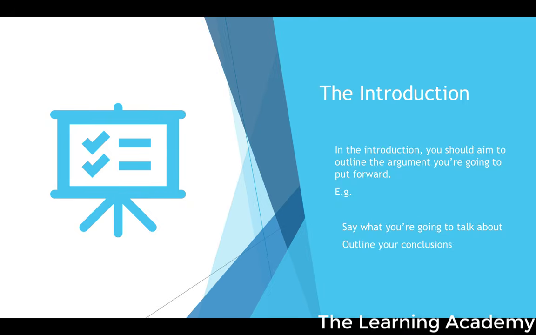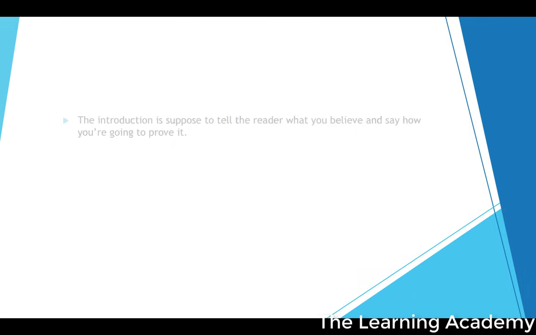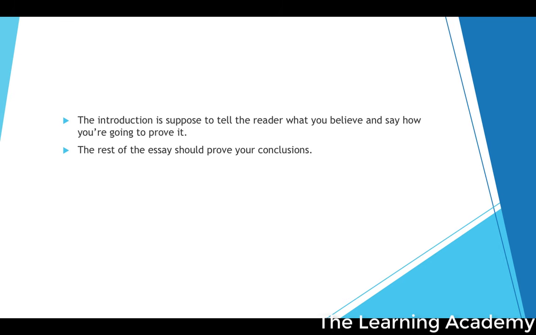So the introduction is supposed to tell the reader what you believe and say how you're going to prove it. The rest of the essay should prove the conclusions that you've drawn from the introduction. You should do maybe a short sentence introducing the wider range, so introducing just the Battle of Gettysburg, for example.